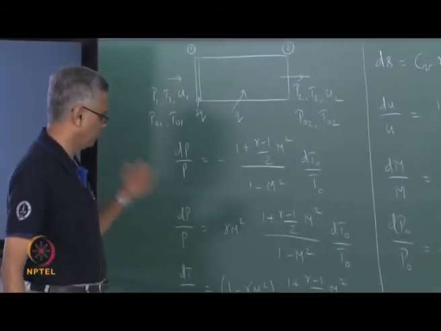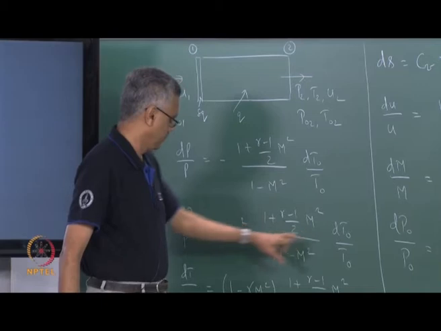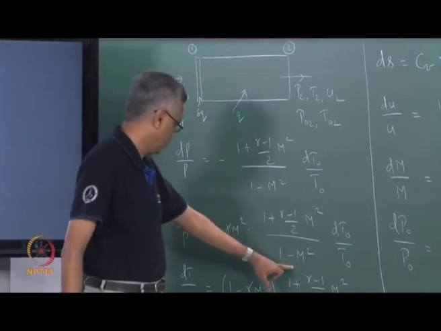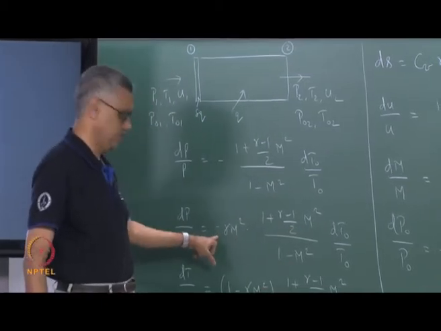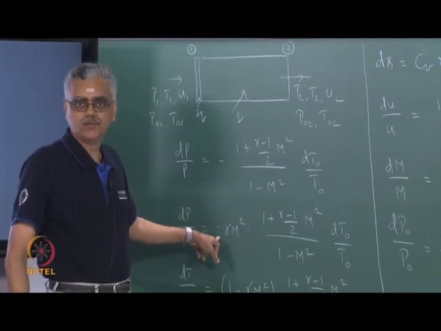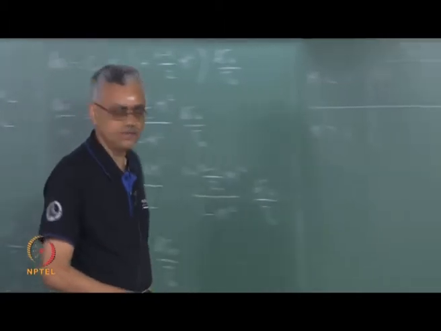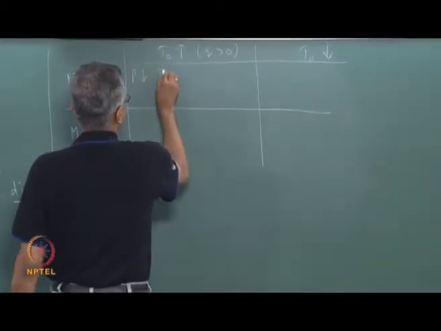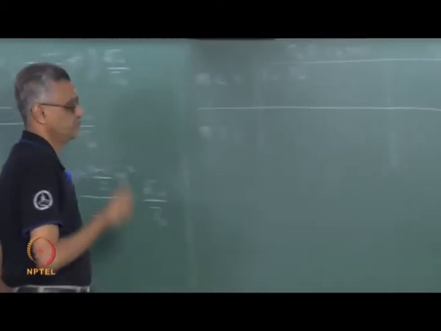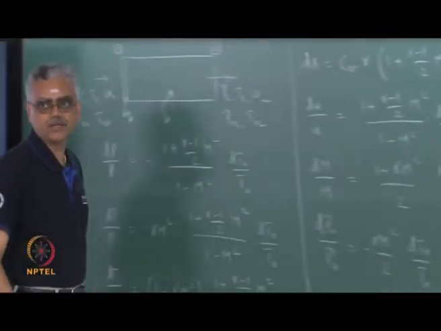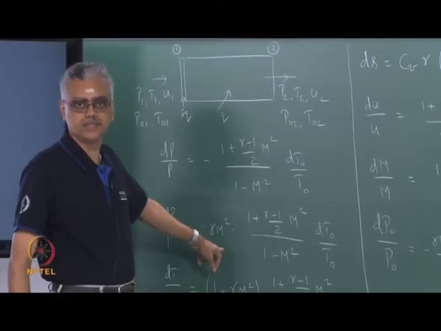Let us look at pressure, positive, this term is positive, this term is also positive, square, this is positive. So, what happens to the pressure? P decreases, right, dP is negative. So, pressure also decreases if I add heat to a subsonic flow. Is this argument clear? So, we are looking at everything term by term.